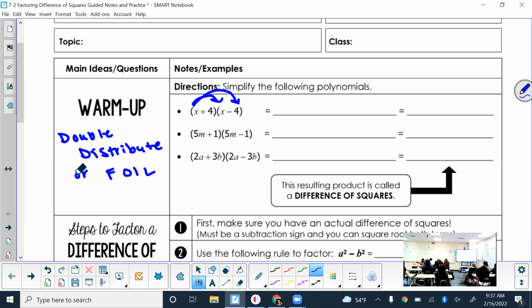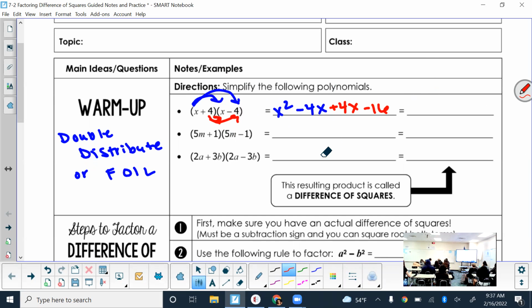So double distribute, we'll do on the first one. What is x times x? And what is x times -4? And then distribute that 4 to the other parentheses. What's 4 times x? And it's positive, so make sure you put plus 4x, and 4 times -4 is -16.